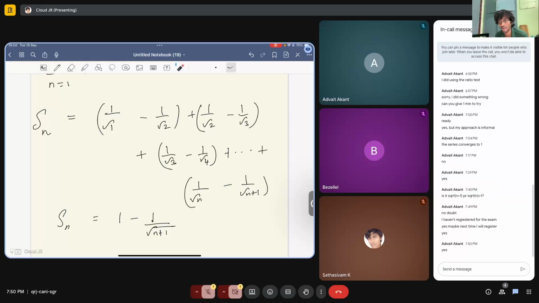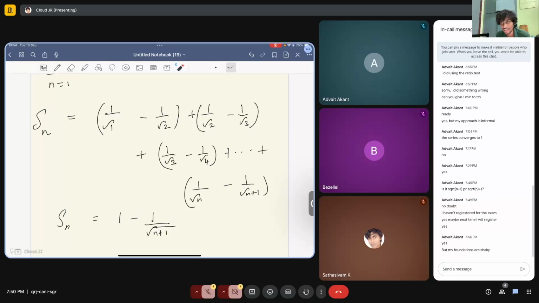If you want, you can just tell what it is. Foundations of analysis. Oh, foundations, meaning what kind of foundations? You can open the mic if you want.